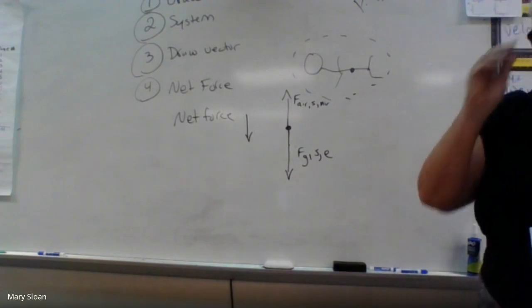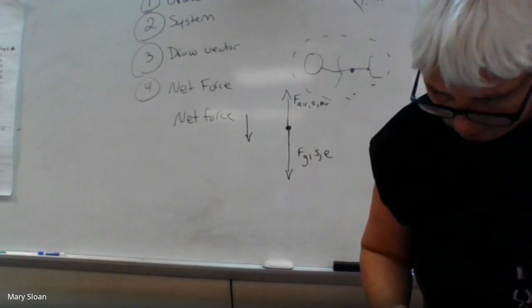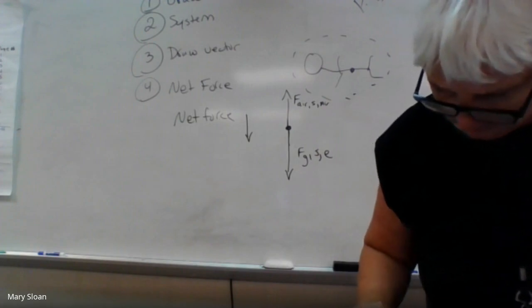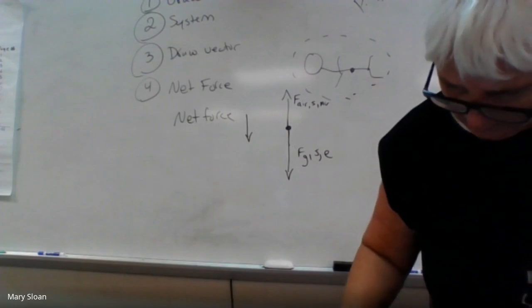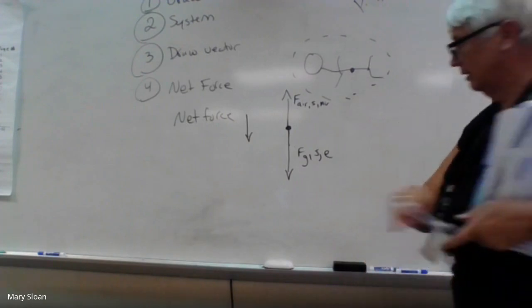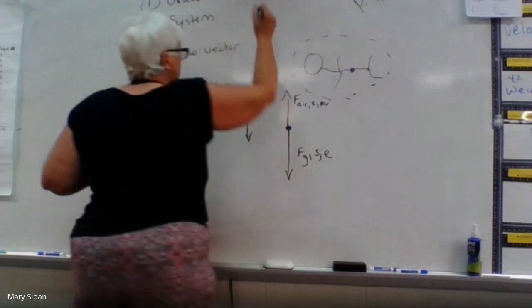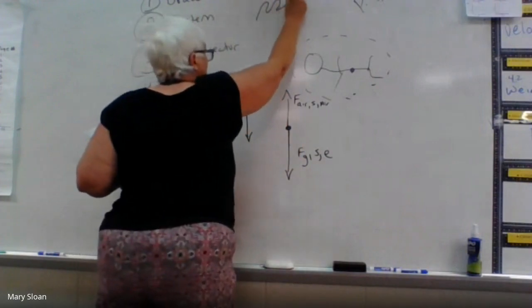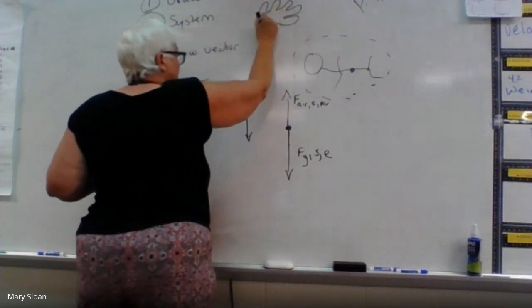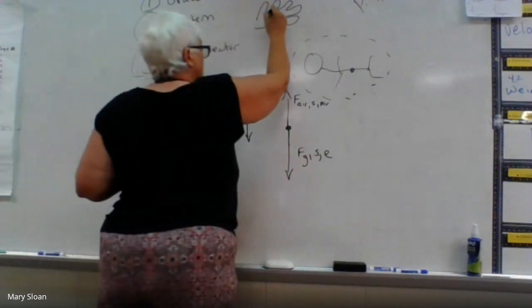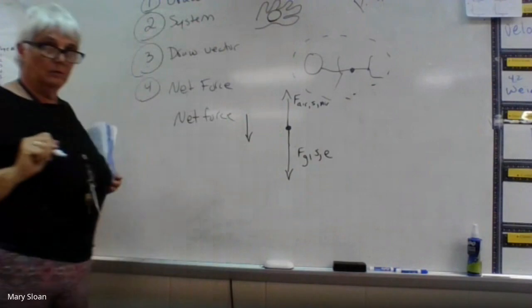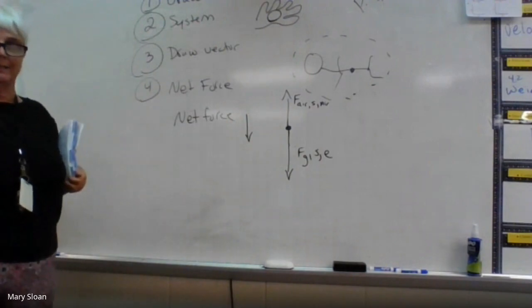Okay, so number 2 says, you hold a softball in the palm of your hand and you toss it up. Draw the diagram while the ball is still touching your hand. So, first thing we're going to do, all right, so I have my hand, right? I have my softball in my hand.